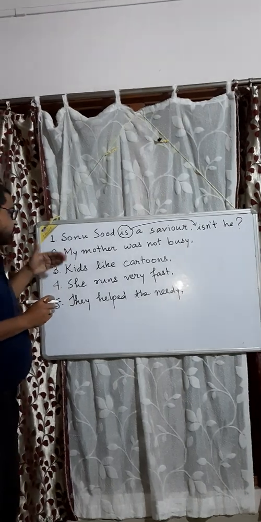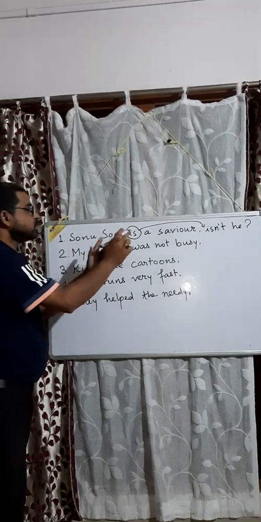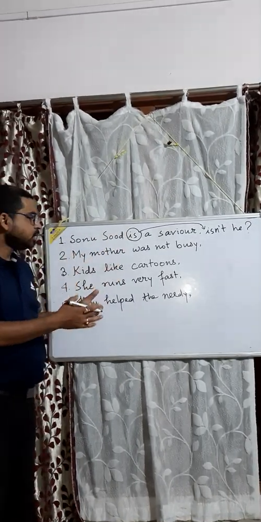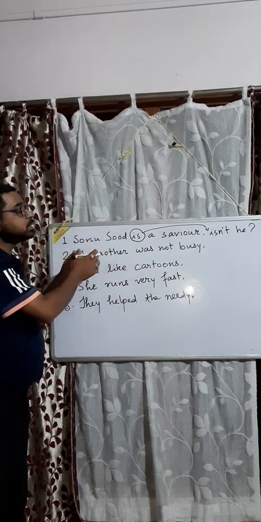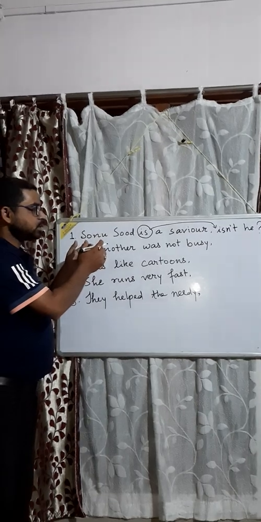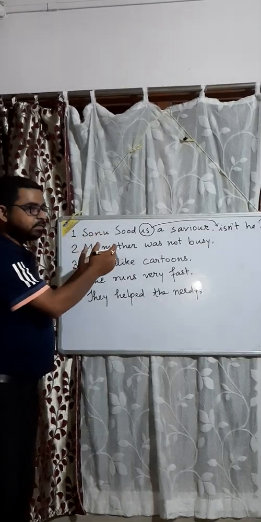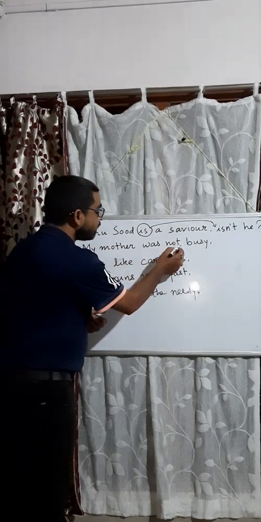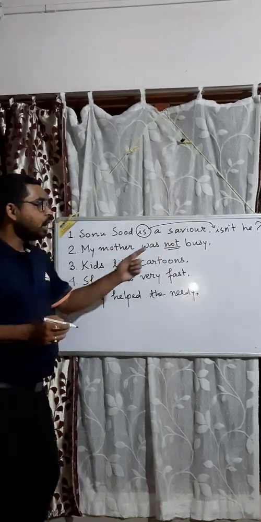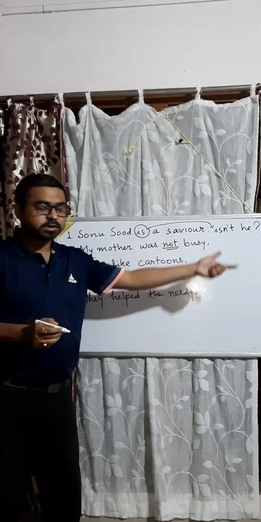Now the second statement, my mother was not busy. Let us apply the steps here. Step number one, we have to determine whether it is a positive statement or a negative statement. It is definitely a negative statement because we have this word not. So our tag will be positive.